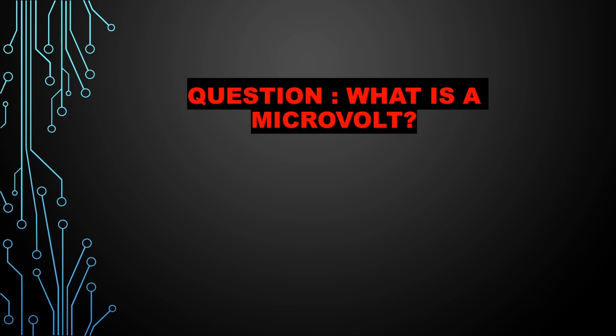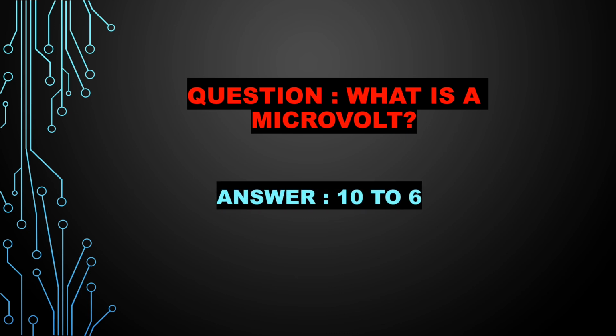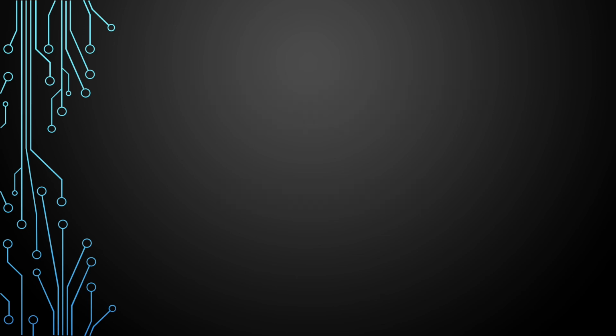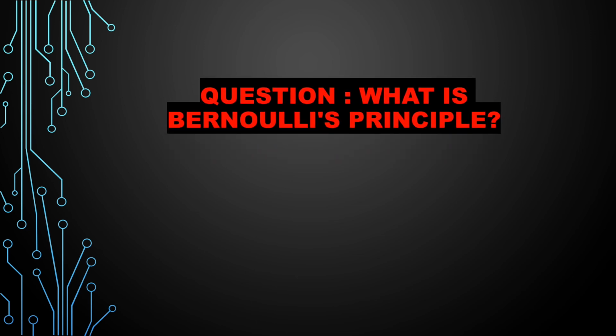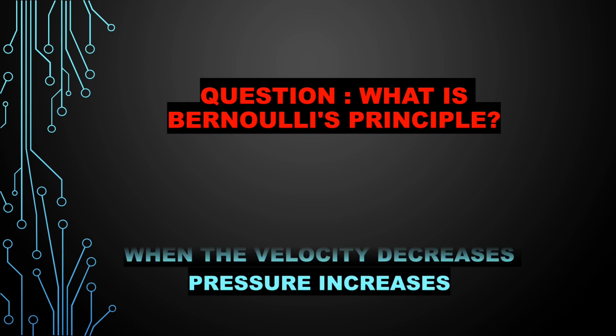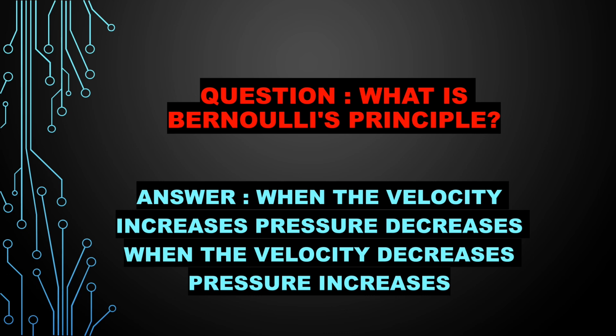Question. What is a microvolt? Answer. 10 to the power of minus 6. Question. What is Bernoulli's principle? Answer. When the velocity increases, pressure decreases.